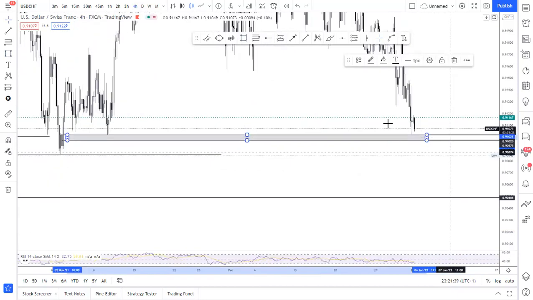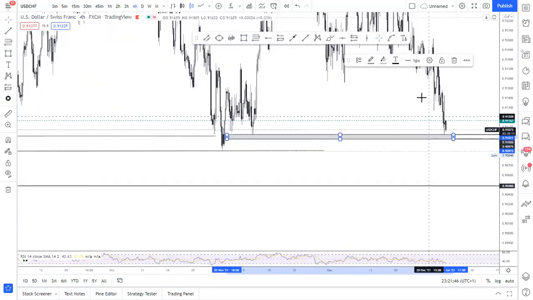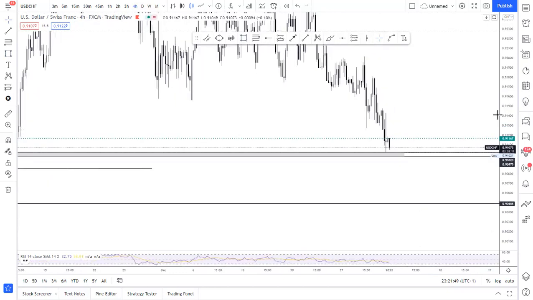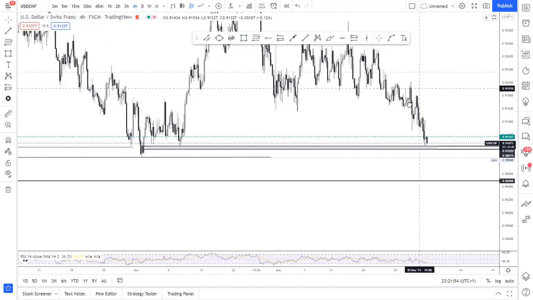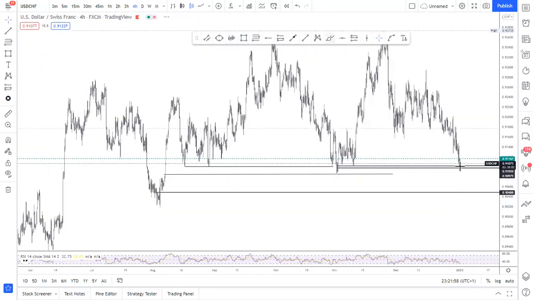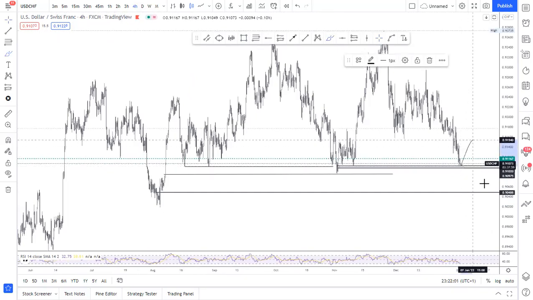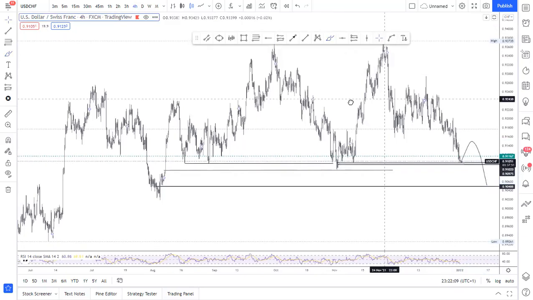So you're likely to get a drop to this point, a drop to that point, then price will actually either move to the upside, or we actually get something like this. Price might move from here, then we'll get that drop before we have the final move.